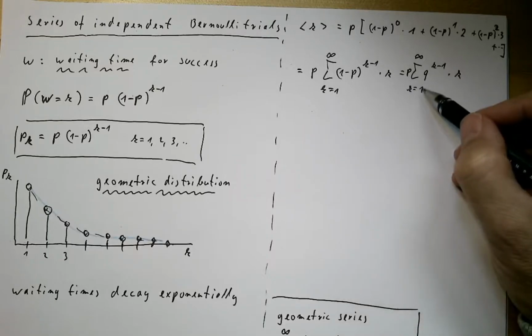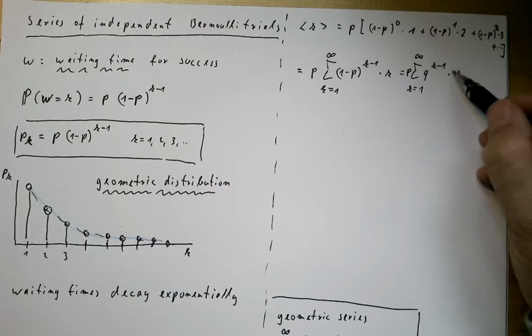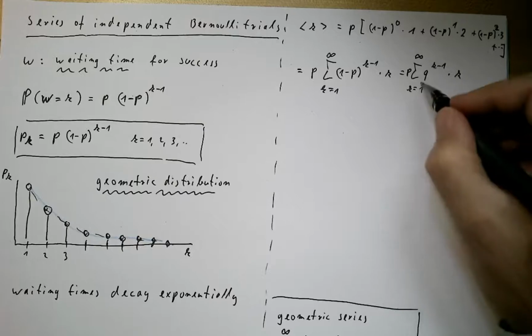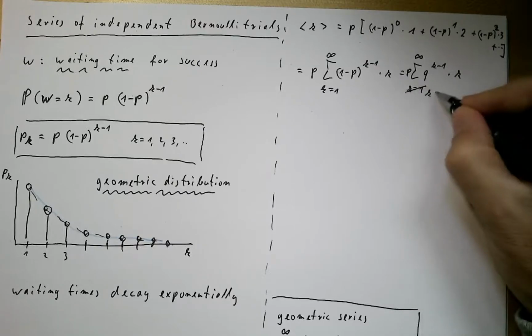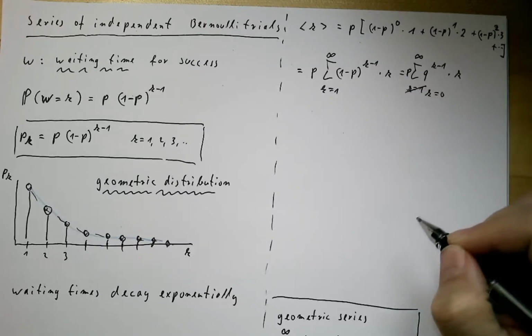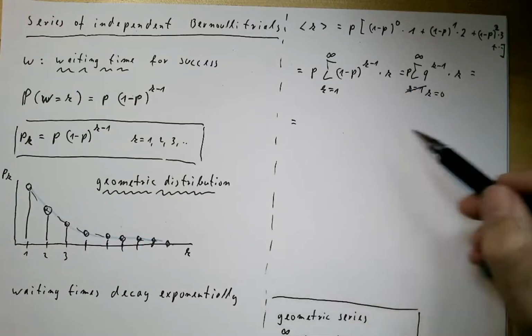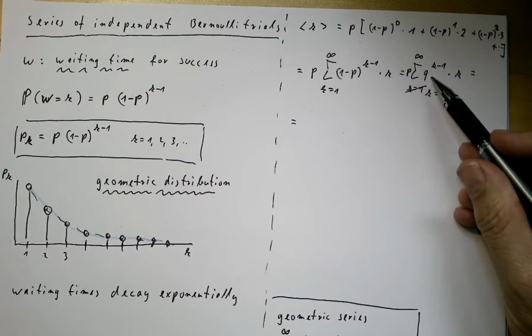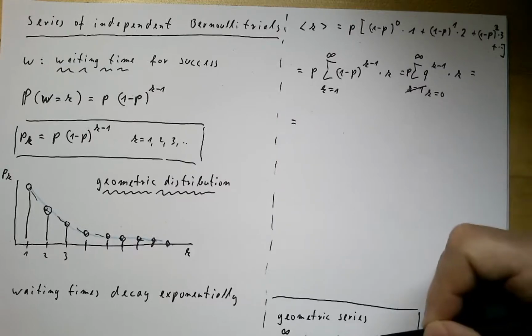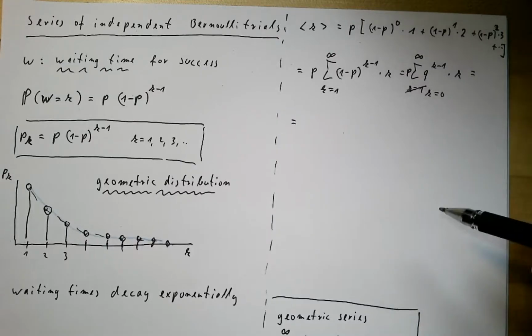But we could directly write the sum from 0, because if k equals 0, this doesn't change anything. So first we change this to k equals 0, we don't make a mistake. Now let's see how we can rewrite this in order to get somewhere.